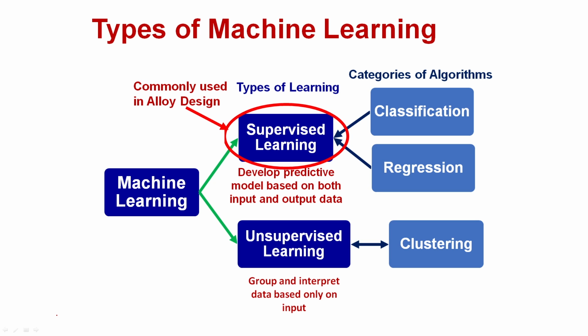Yes, it is used quite a lot, because regression, classification or even NN methods can be widely used in alloy design or predicting properties of alloys or other materials, but at the same time unsupervised learning can also be used for this kind of prediction, not exactly the same way, but wherever you have a problem of data or you have only input variables, you can use this.